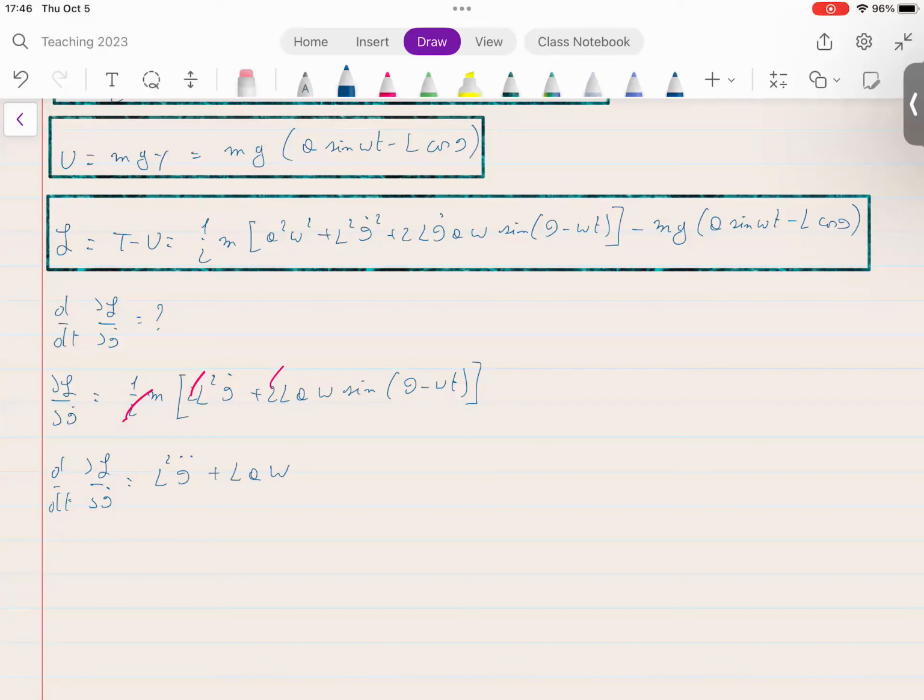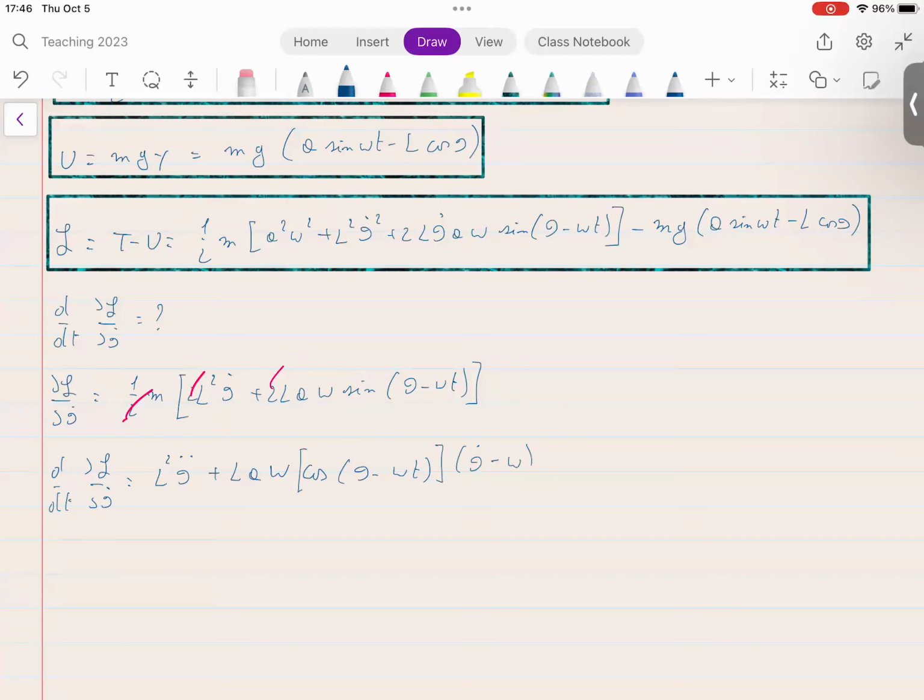Then I have the derivative of the sine, which is the cosine, theta minus omega t. And then I have the derivative of the argument. Let me do it this way: derivative with respect to time of theta minus omega t, which is theta dot minus omega.